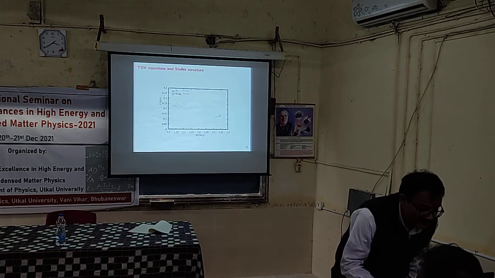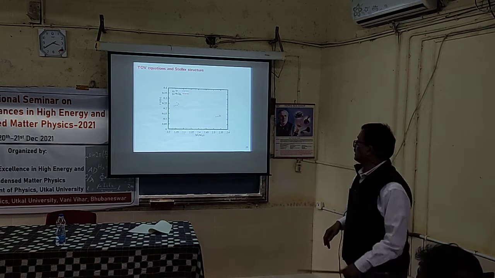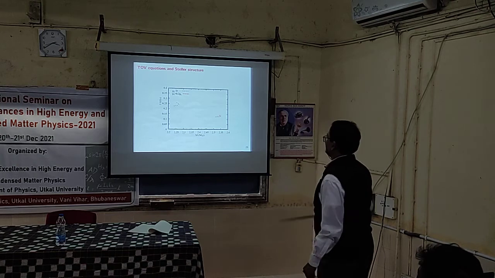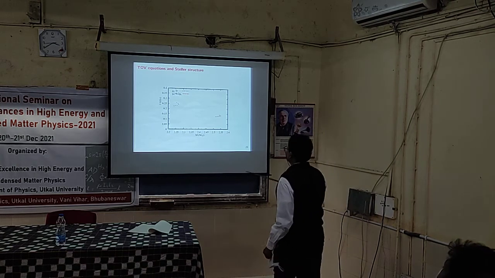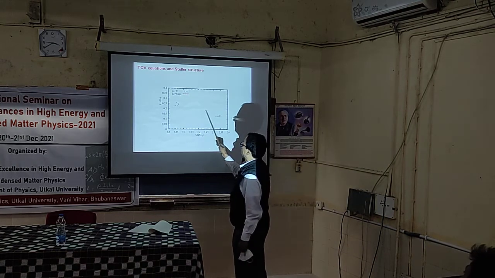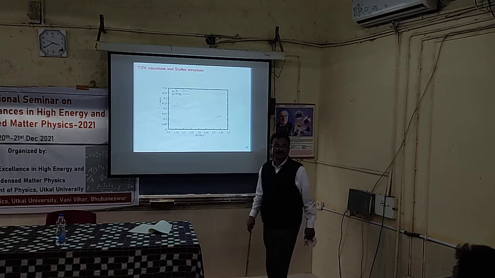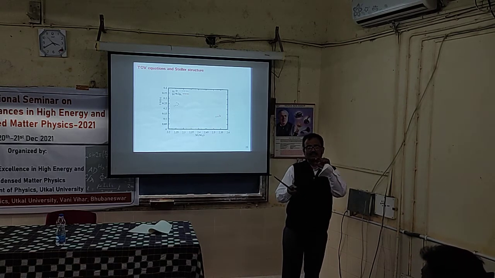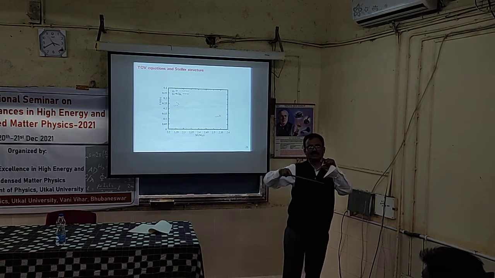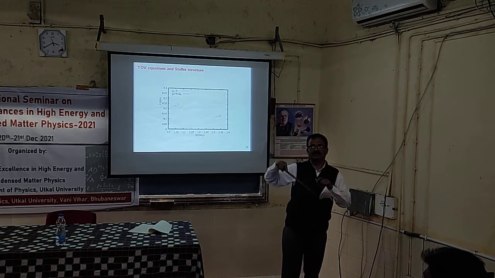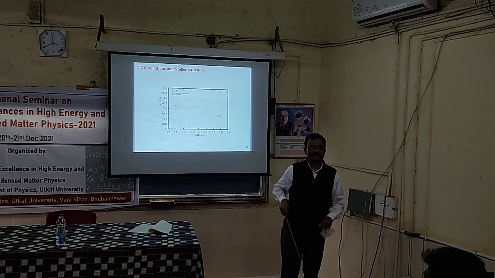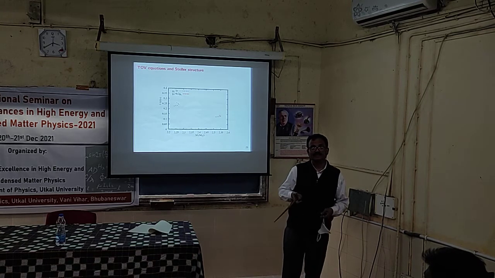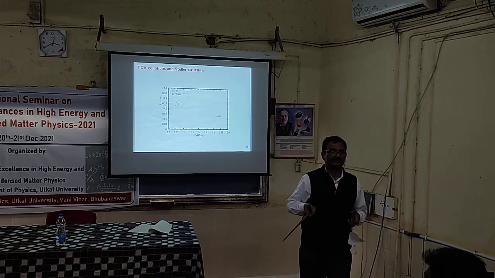But if there is a quark core, there is a sudden change, you can have very low frequency modes, about a few hundred hertz for the quark core. It is for the region where there is a quark core. So there is a change in velocity of sound, and that gives rise to low frequency gravity modes.